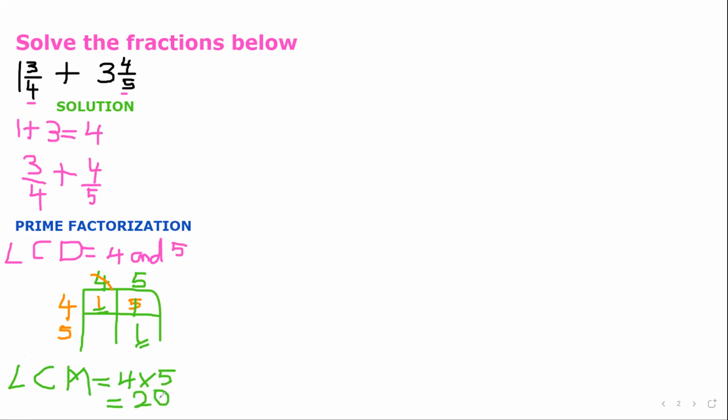It means you should make sure that the denominators of the fractions that we have, 3/4 and 4/5, must change to 20 so that the fractions will be like fractions. That process, we call it renaming. So you rename the fractions here.